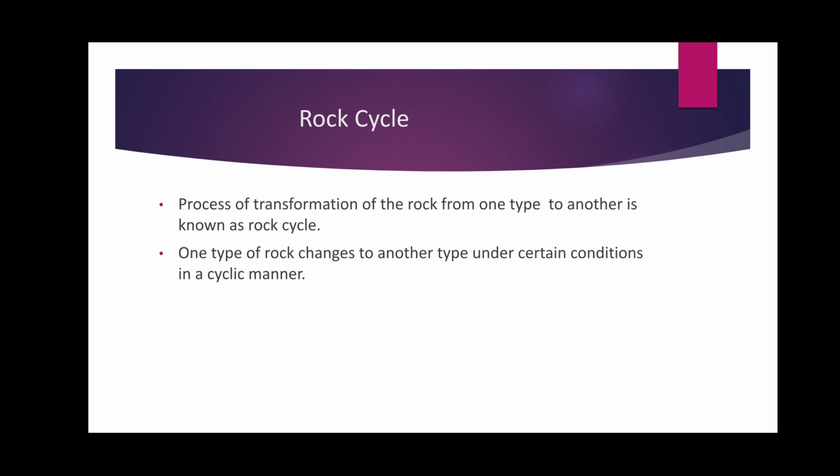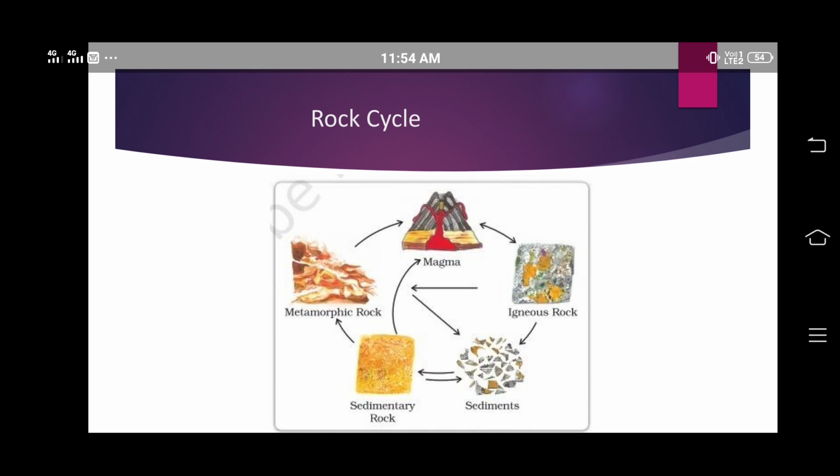You'll be surprised to know that one type of rock changes to another type under certain conditions. How? Let's get it clear with the help of this small picture. Okay students, I need you to concentrate on this picture along with my explanation.